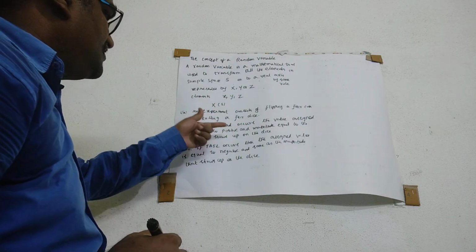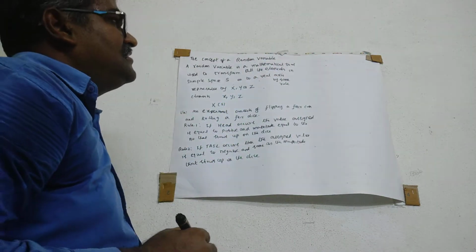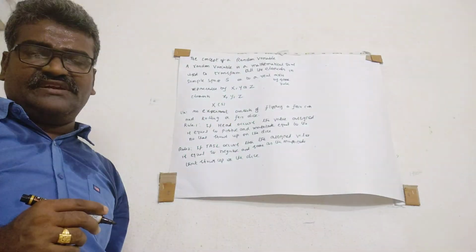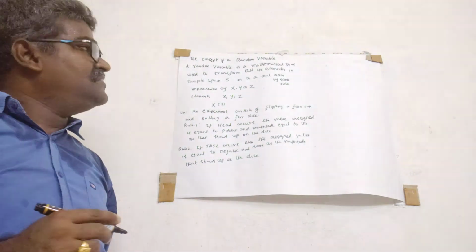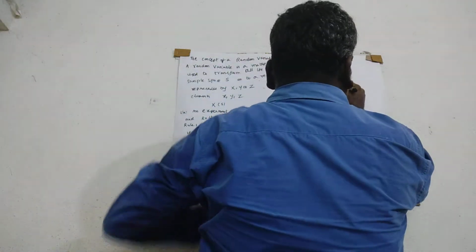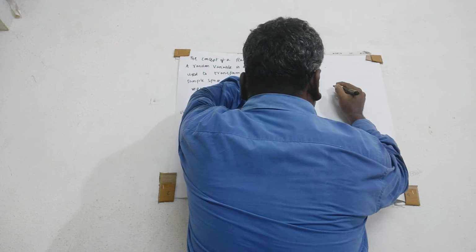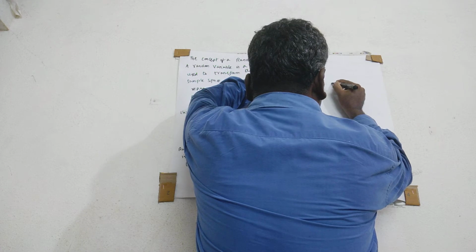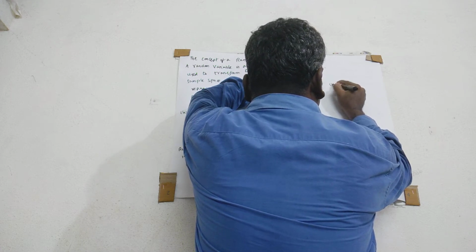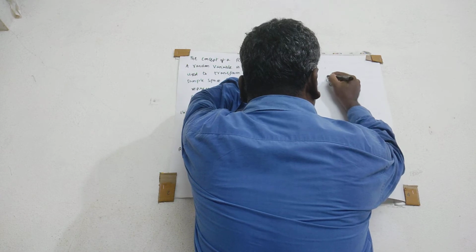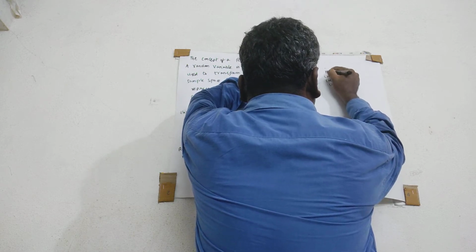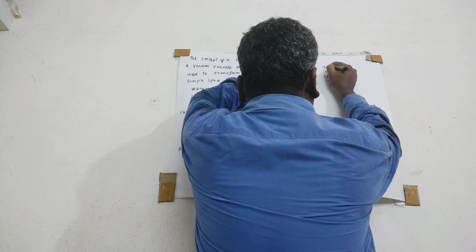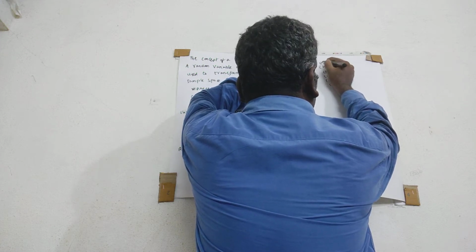Now, based upon these two rules, we need to obtain the mapping. Okay, first let us indicate all the sample space elements, then we go for mapping. What are the elements we will be getting here? If head occurs, we get h comma 1, h comma 2, h comma 3, h comma 4, h comma 5, h comma 6.